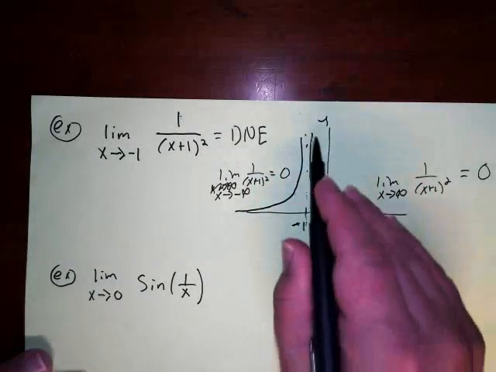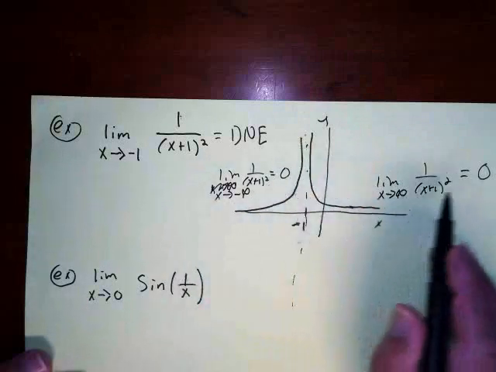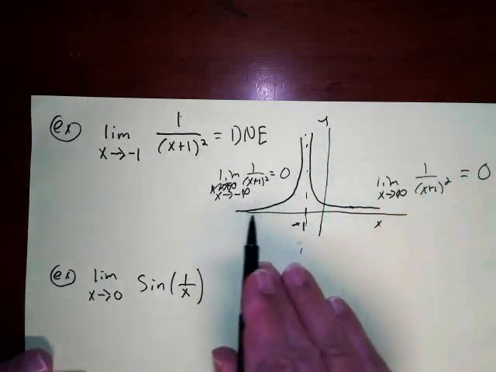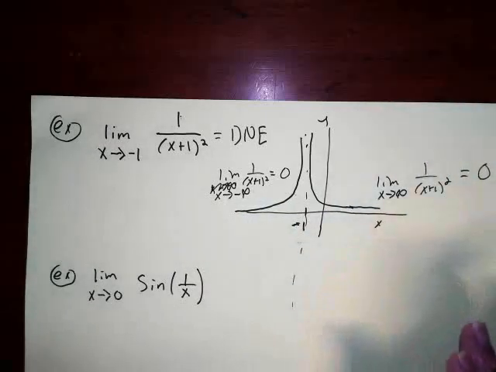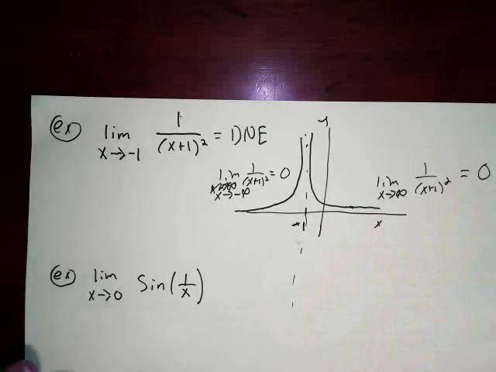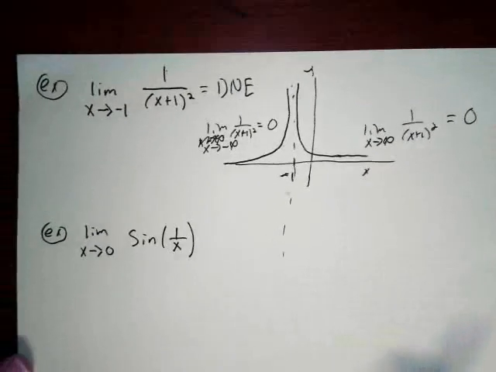So as you go off to positive infinity or negative infinity, you actually approach a value. That's the same as a horizontal asymptote. And we'll look at that a little bit later.